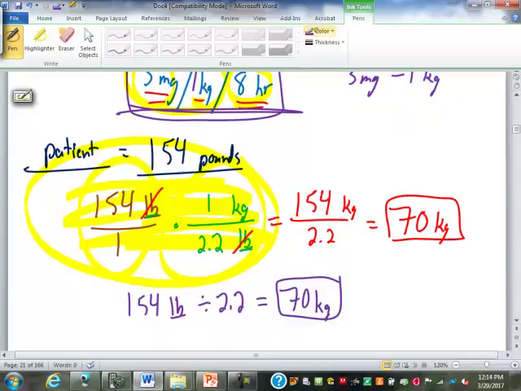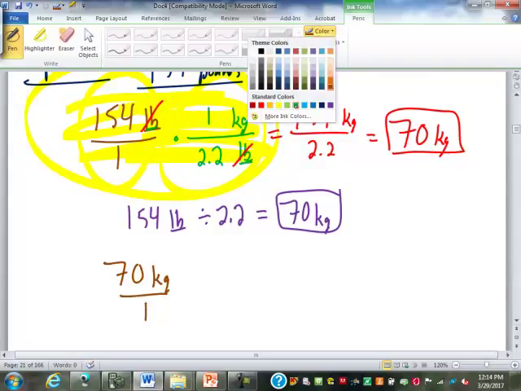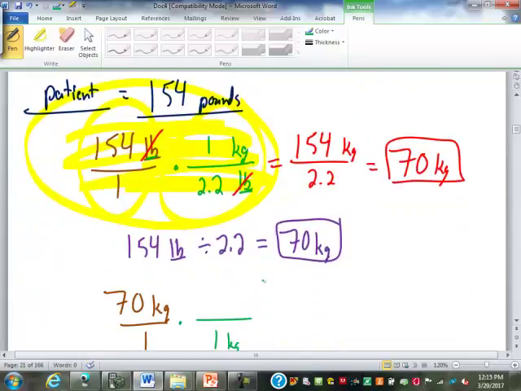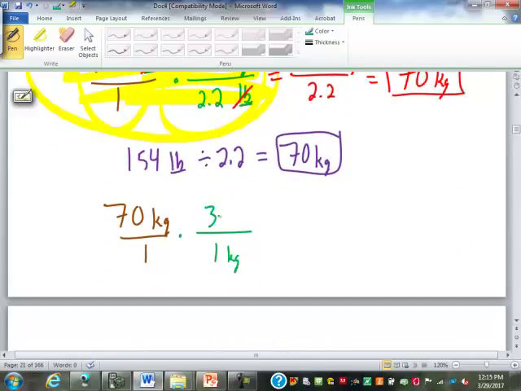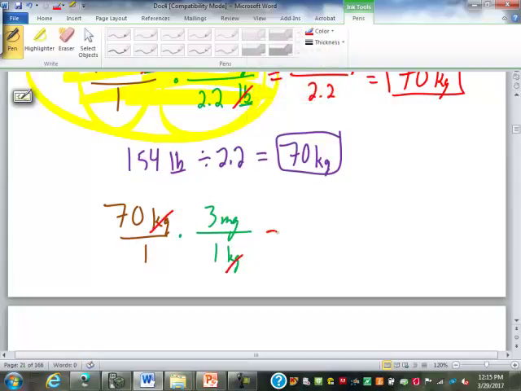So we can take our 70 kilogram patient here, put it over 1, and we can use our unit conversions. 1 kilogram is equivalent to 3 milligrams. So the kilograms cross cancel out.